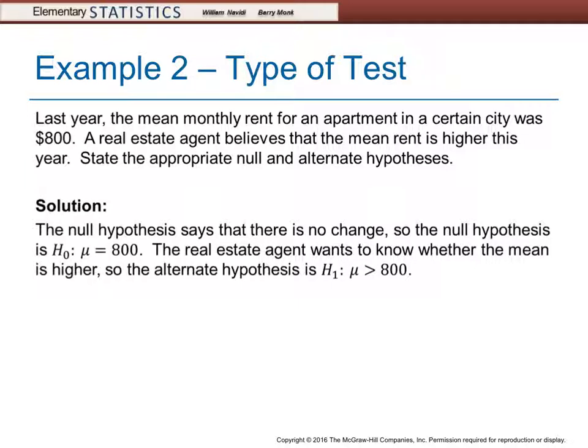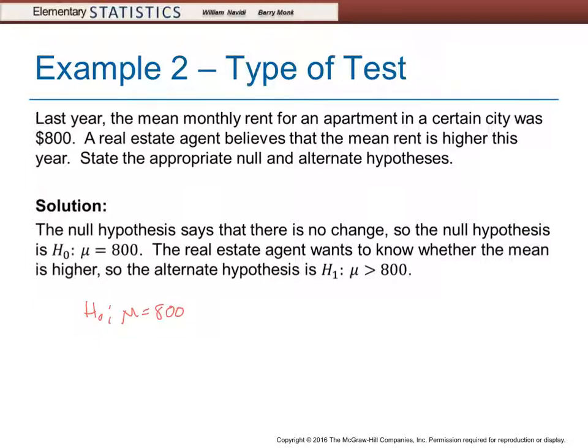In example 2, last year the mean monthly rent for an apartment in a certain city was $800. A real estate agent believes that the mean rent is higher this year. State the appropriate null and alternative hypothesis. Well, the solution is that H naught is mu is equal to $800, right?